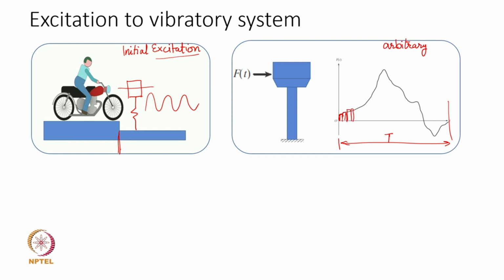So, this was the second type of excitation that we discussed for a vibratory system, wherein short duration transient excitation, like a blast load on the concrete tank or any other mechanical system like an impact hammer, which is a vibratory system, the excitation could be of transient or arbitrary type.